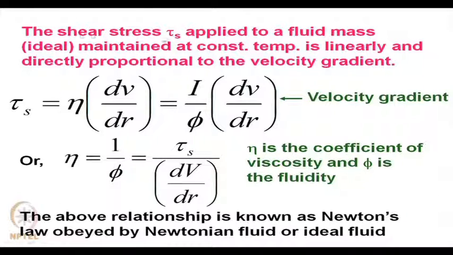So, the shear stress tau s applied to an ideal fluid mass maintained at constant temperature is linearly and directly proportional to the velocity gradient. As we have seen in case of solids, shear stress is proportional to shear strain, and the proportionality constant is known as shear modulus.